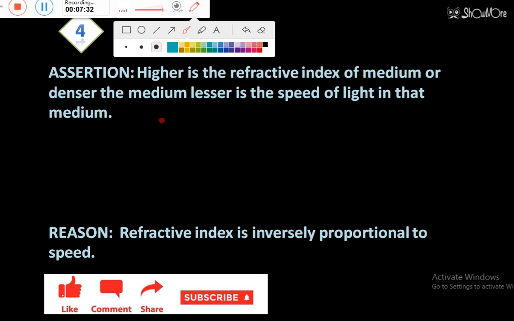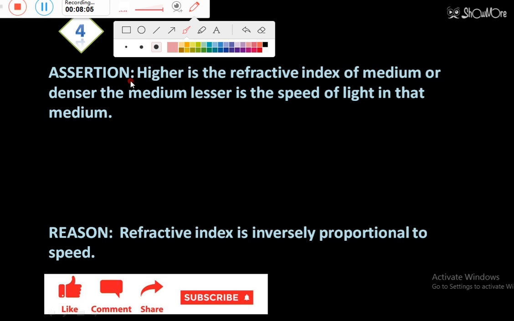So you can try this question and get ready with your answer in 30 seconds. Please pause the video and try to solve the question. Okay, so let's discuss this one. I hope you have tried.